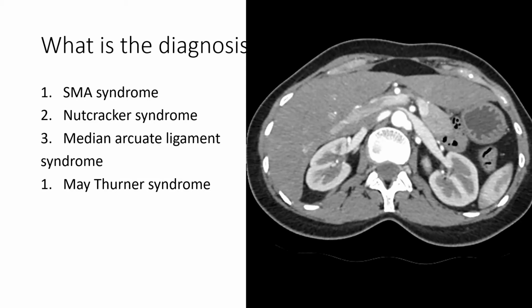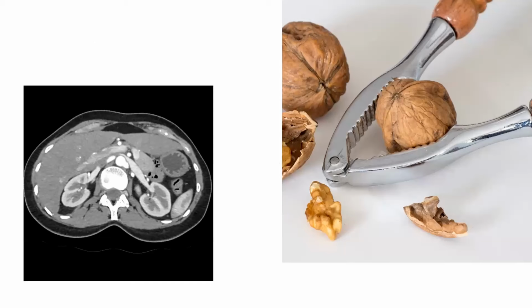So that is your nutcracker right there. This is because your renal vein is compressed between superior mesenteric artery and aorta, like the nutcracker with a nut. It is called nutcracker syndrome.